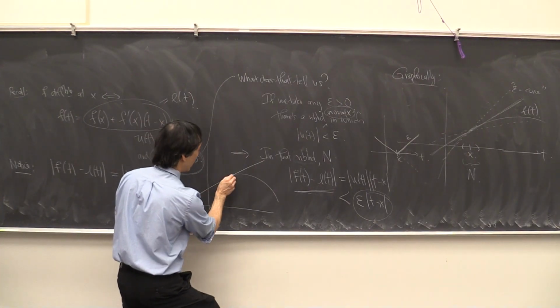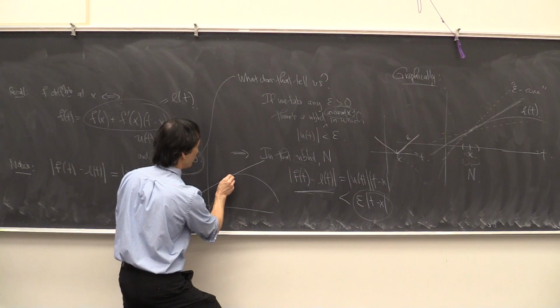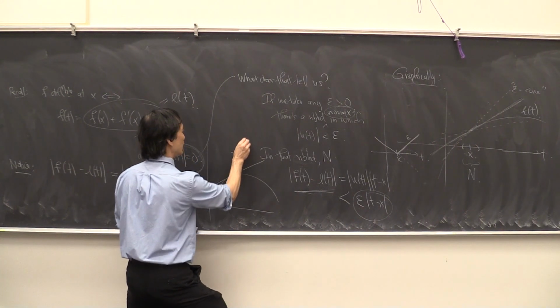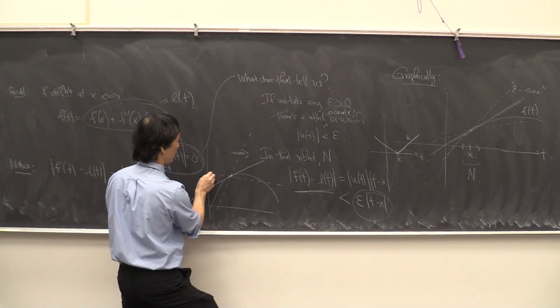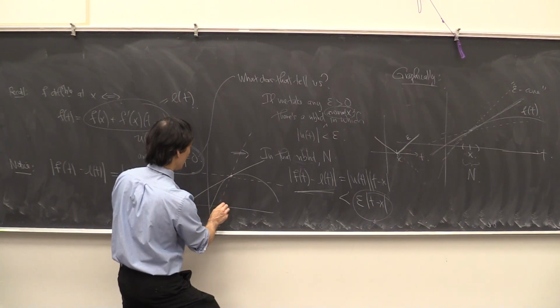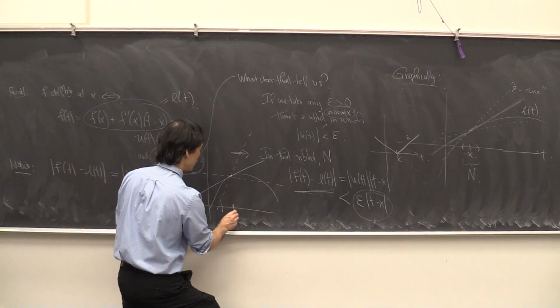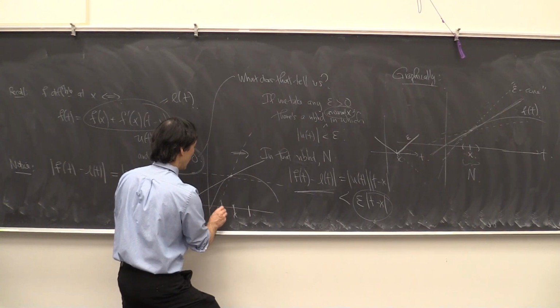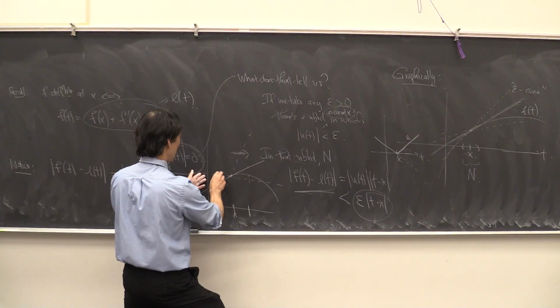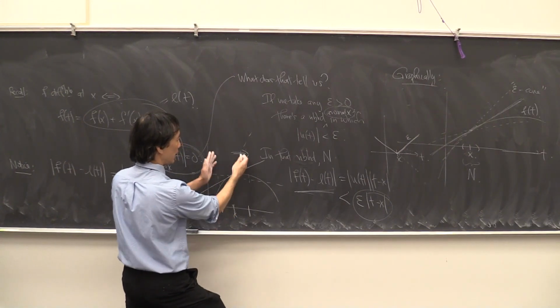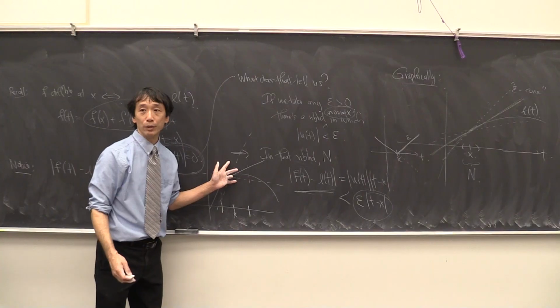It says no matter what epsilon cone I take, maybe first I take a cone of very wide aperture, there's a neighborhood of x where my function stays in the cone.